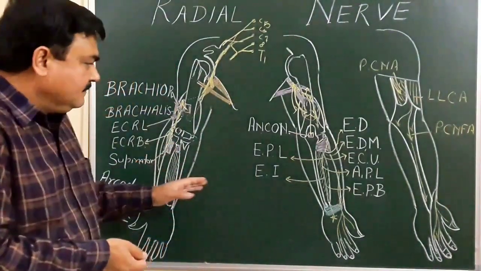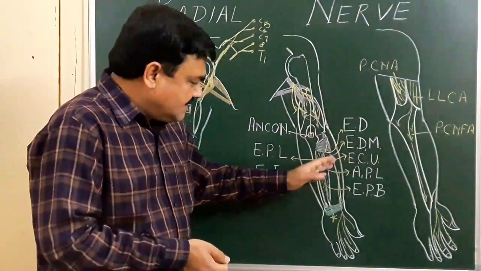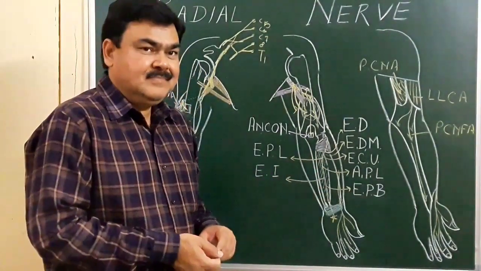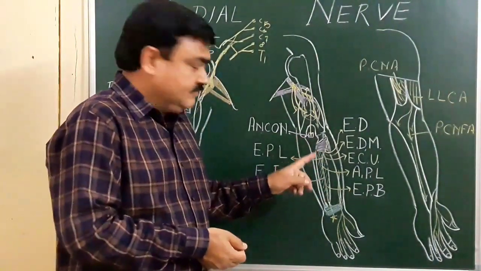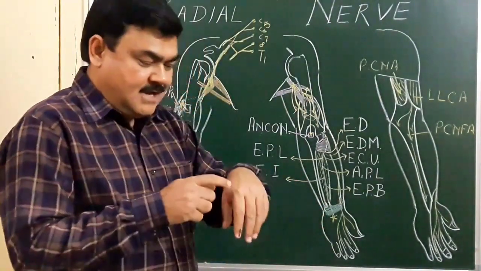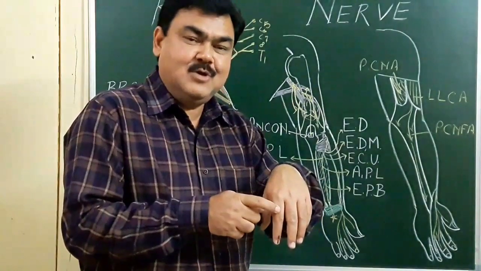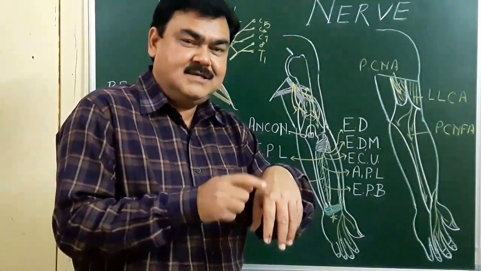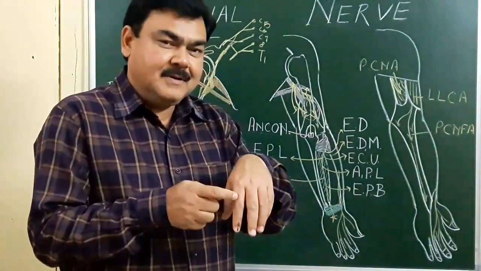In this condition, these muscles become paralyzed. So there is loss of extension at the metacarpophalangeal joint. This condition is known as finger drop.